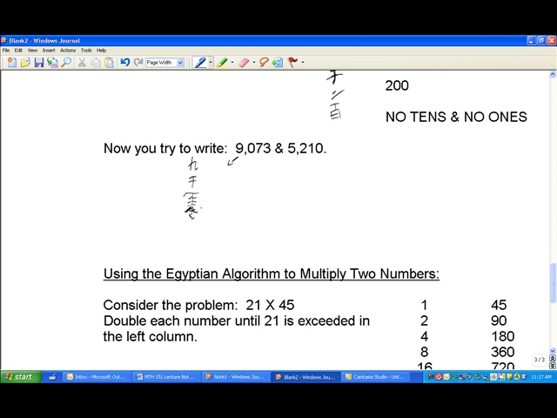All right, so there's our 0. Then we need 70, and a 10, and then 3. So 9,000, there's the 0 hundreds, and then 73.